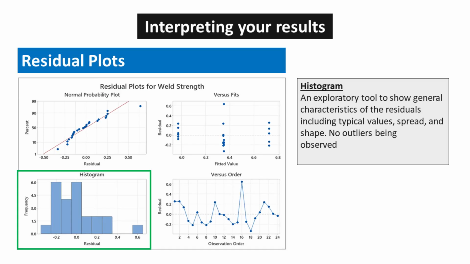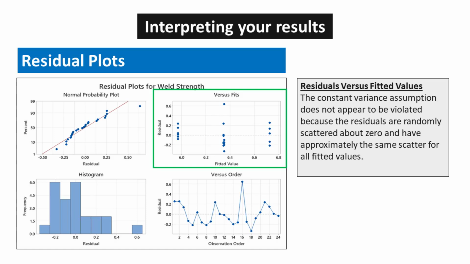For the histogram, an exploratory tool to show general characteristics of the residuals including typical values, spread, and shape, no outliers are observed. For residuals versus fitted values, the constant variance assumption does not appear to be violated because the residuals are randomly scattered about zero and have approximately the same scatter for all fitted values.